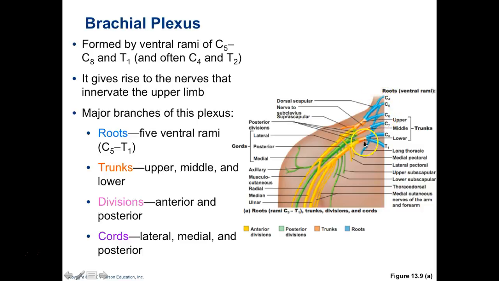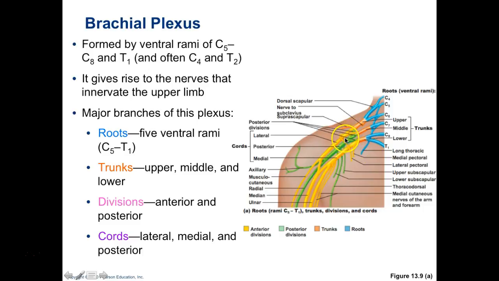So this first segment is going to be the roots, and this comes from the ventral rami of C5 to T1, like we said. The trunks are going to be the upper, middle, and lower, and then they divide out into anterior and posterior divisions. So posterior divisions here are pictured in the green, whereas anterior is pictured in this yellowish color. They just don't show it to you.